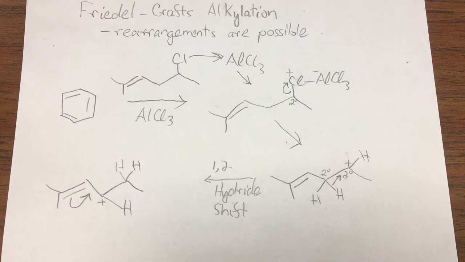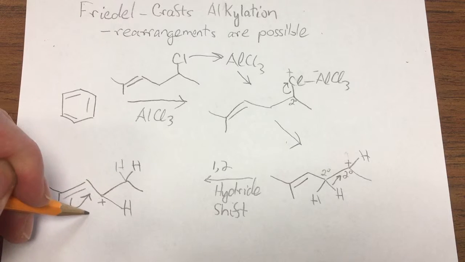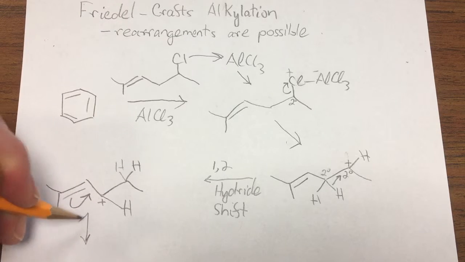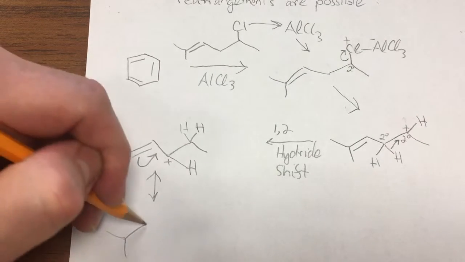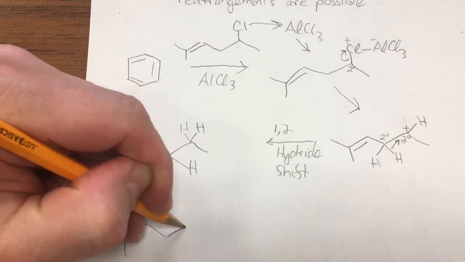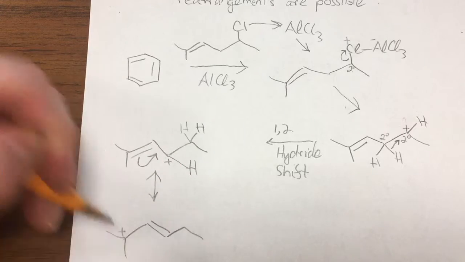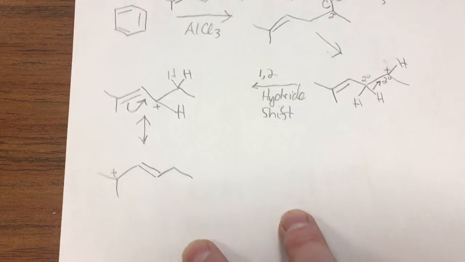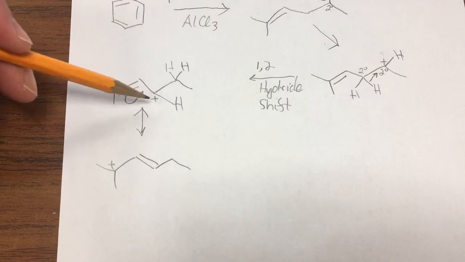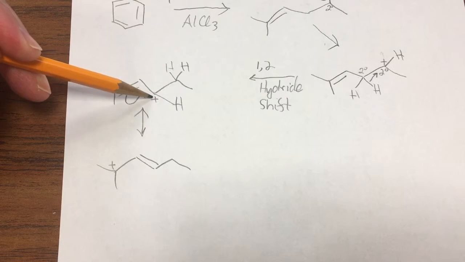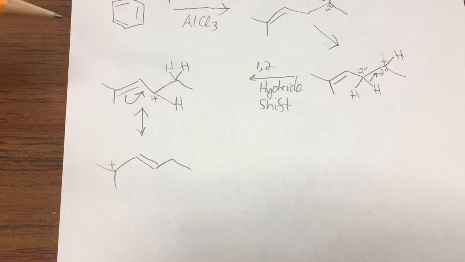Again, this is not just a secondary carbocation over here, though. It's resonance stabilized with this pi bond over here. This is very similar to chapter 16 stuff right here. So the carbocation is actually the composite between a secondary and the tertiary carbocation.